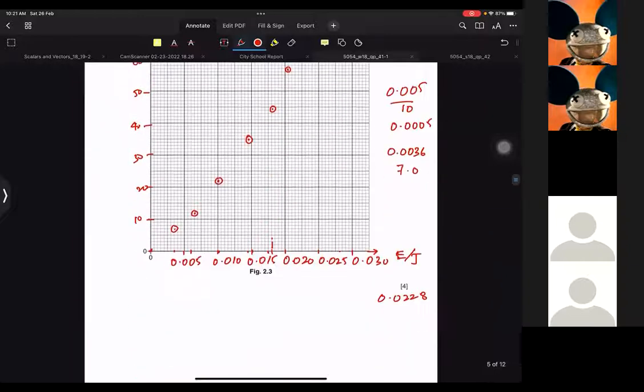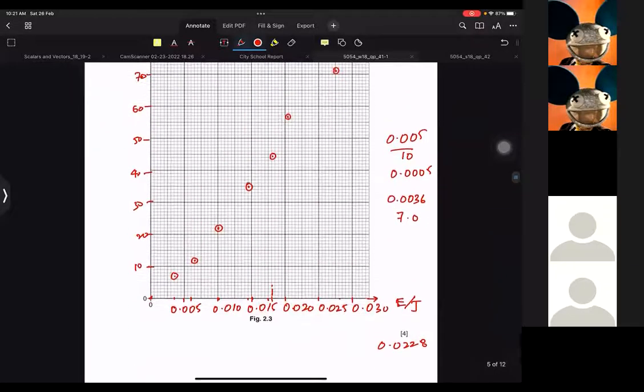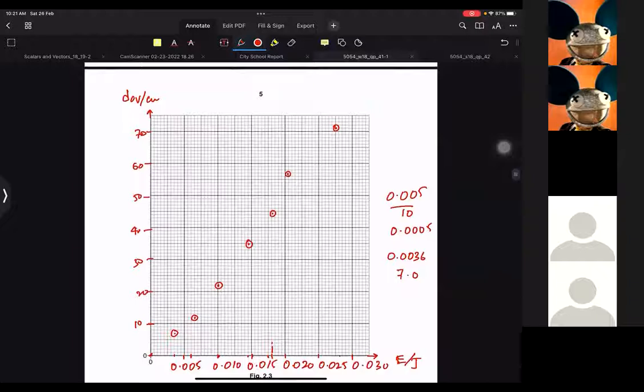So the smooth curve would be if I draw it in such a way that it is not necessary to join all points. Again, I'm telling you, it is not necessary that you join all points, but it is very important that it should be a smooth line and should divide points equally above and below.